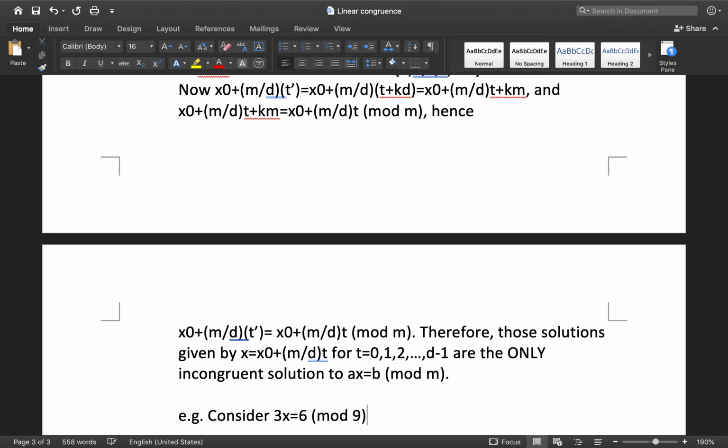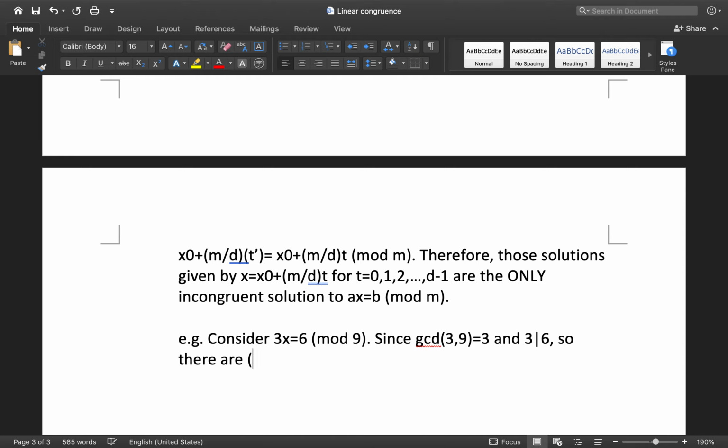Since the GCD of 3 and 9 is equal to 3, and we know that 3 divides 6, there must be a solution, in fact infinitely many solutions to the problem.